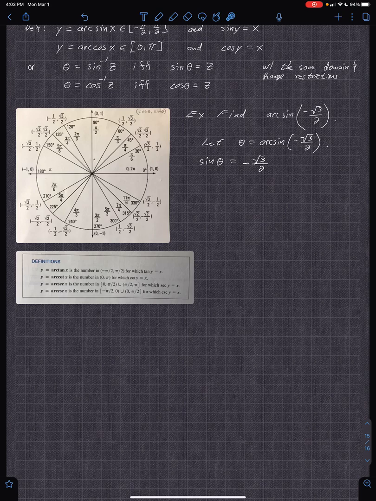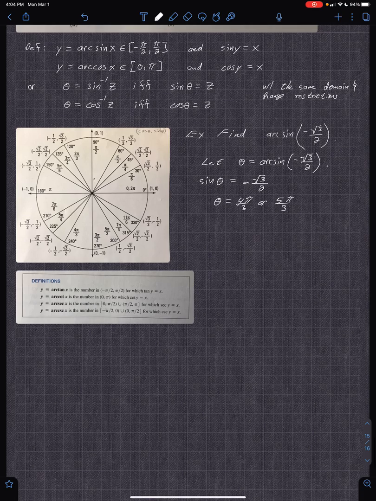This is what I was trying to show you. So theta would equal 4 pi thirds or 5 pi thirds.